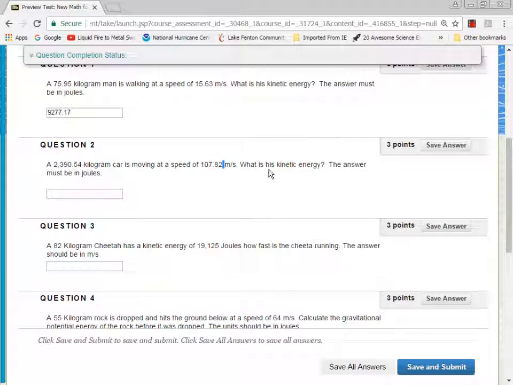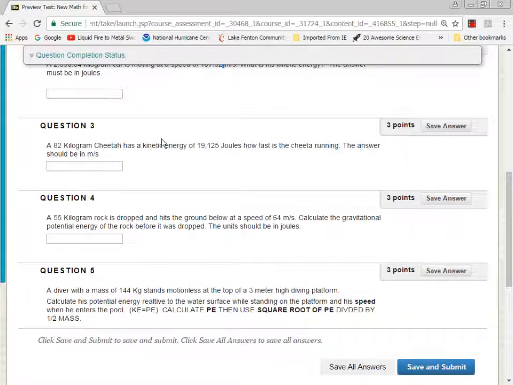All right, number 2, what is the kinetic energy? Number 3, a cheetah has a kinetic energy of 19,000 joules. How fast is the cheetah running? In other words, what is his velocity?